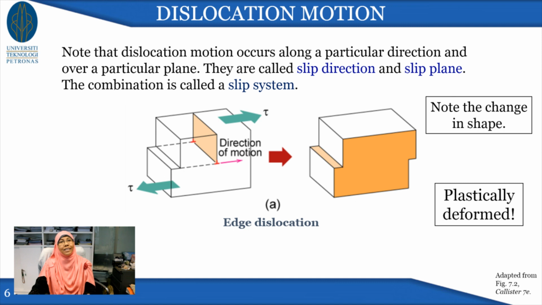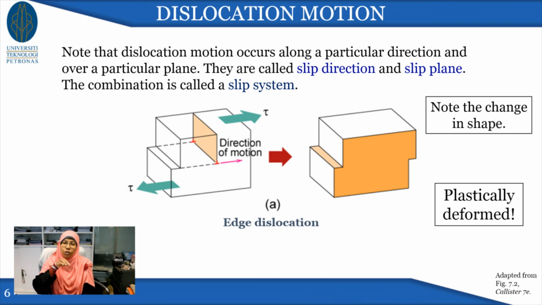When dislocations move, they move in a certain direction and on a certain plane. So there are always two components to dislocation motion: the slip direction and the slip plane, because slip is what dislocation motion is all about.